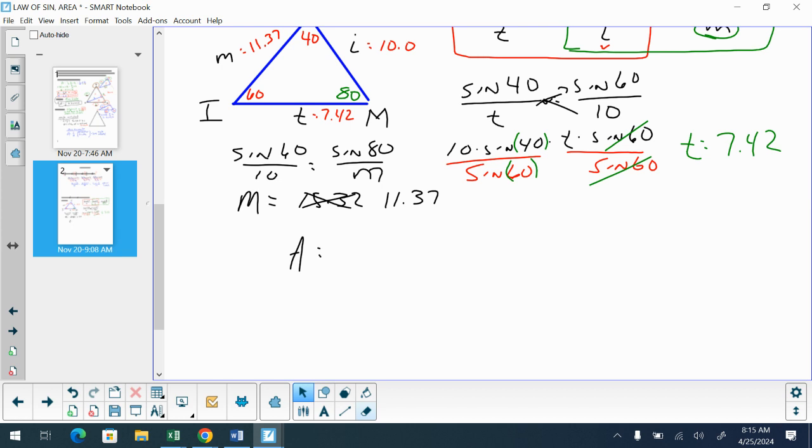Once again, if you look at the front side, area is equal to 1/2 times the product of any two sides times the sine of the angle included. Well, I gave you the angle that you need to use. You need to now multiply the two sides that include that angle and multiply by 1/2.